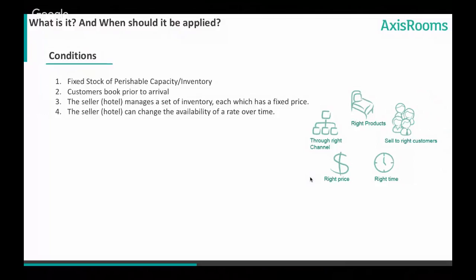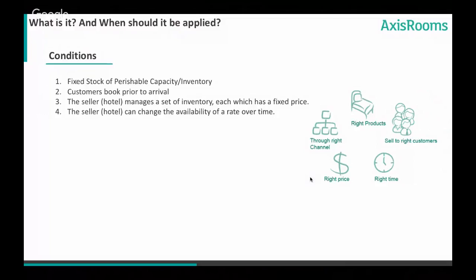Customers book prior to arrival. The seller, in this case a hotel, manages a set of inventory, each with a fixed price, and the seller, in this case again a hotel, can change the availability of a rate over time. Any business where these conditions are met, whether that be a parking lot, a restaurant, or an airline, is able to apply revenue management practice.